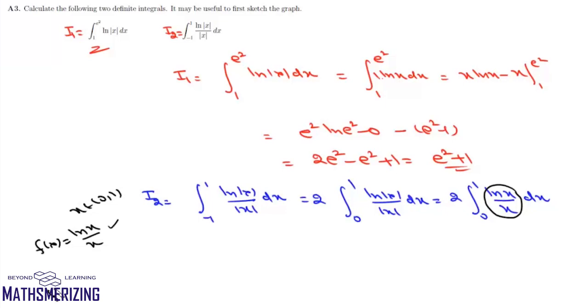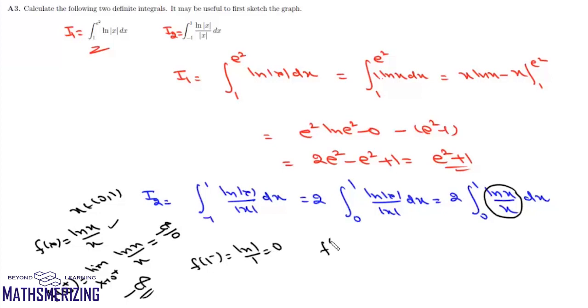Now we'll find f(0 positive), which will be the limit as x tends to 0 positive of ln x upon x. Now ln 0 positive is minus infinite and minus infinite upon 0 is minus infinite. So at 0 positive, this function takes the value minus infinite, and at 1, this value will be log 1 upon 1, and this value will be 0.